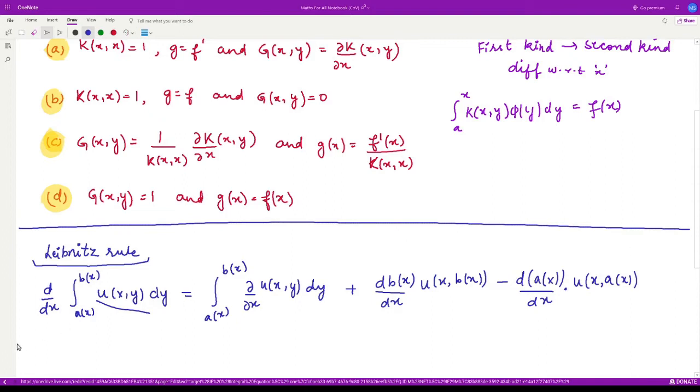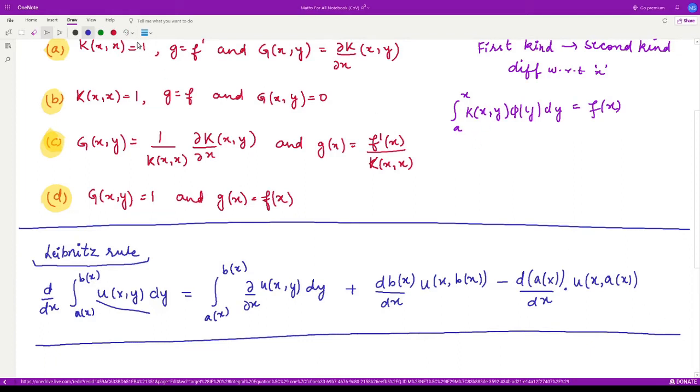So let's apply this rule. Here we have integration from a to x, the partial derivative of k(x,y) phi(y) dy as such, because the derivative is being taken with respect to x only, keeping y constant.